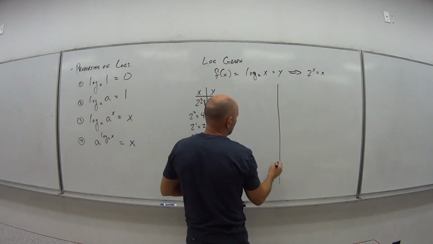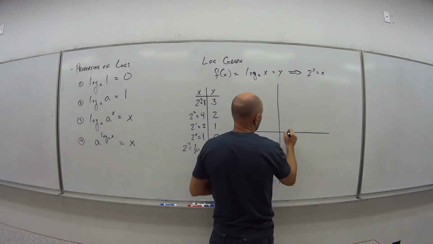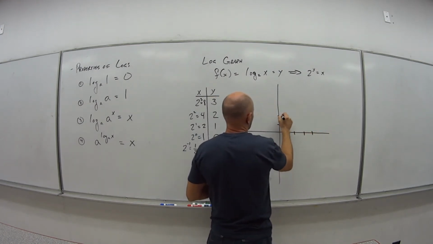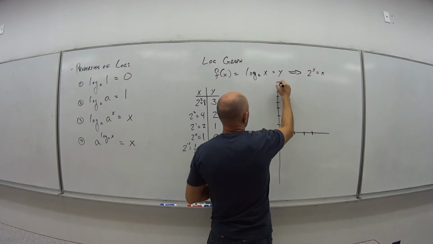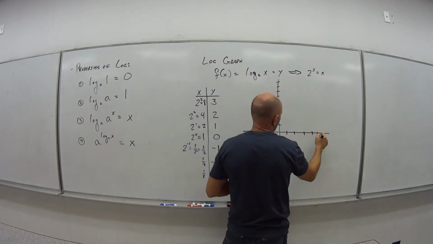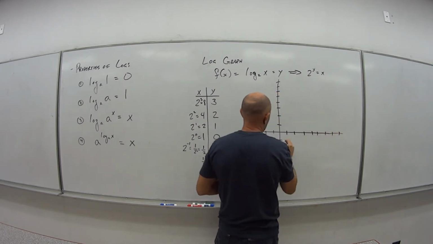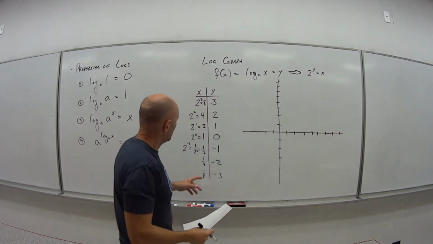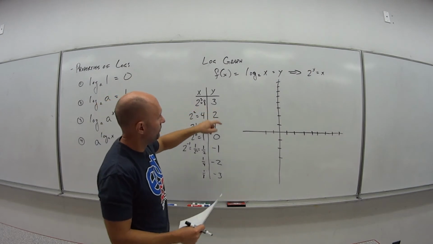So if I was to draw this out, if I graph this, what do I have? 8, 3.